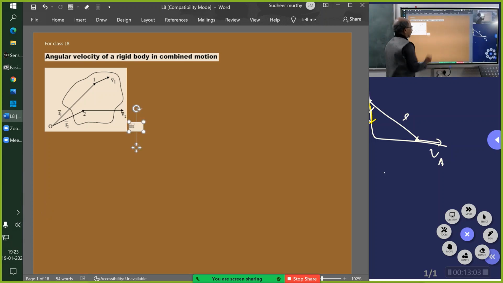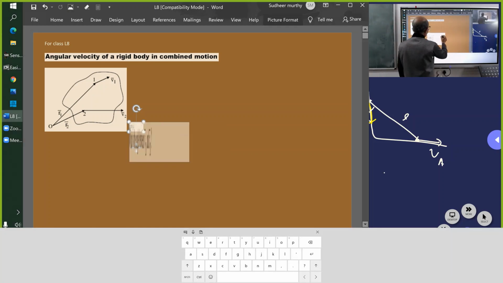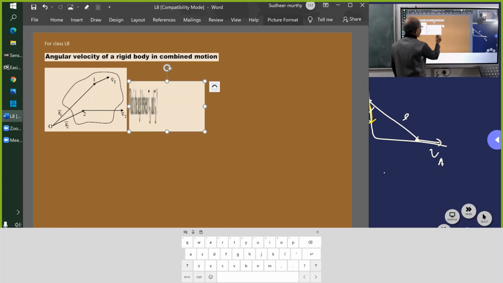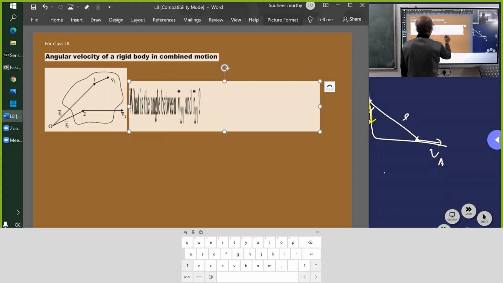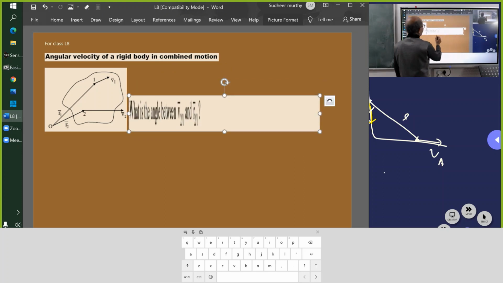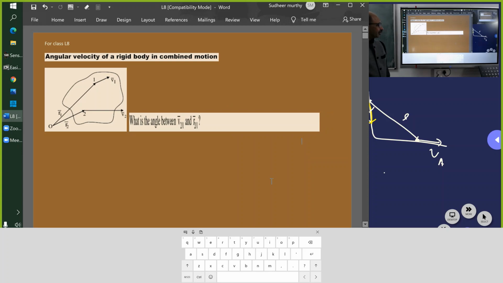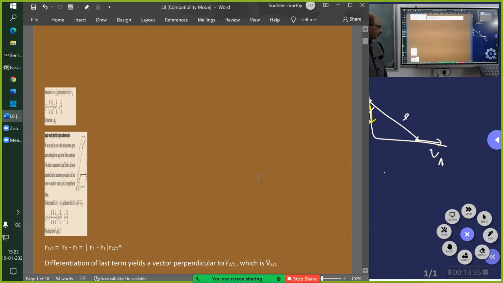Now I will start posing some questions to all of you. What is the angle between V21 and R21 bar? 90 degrees. Thank you. These are all small issues, but they do matter a lot.